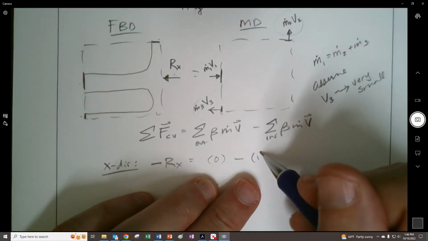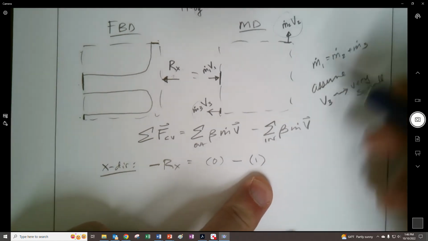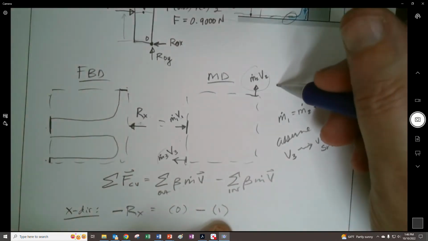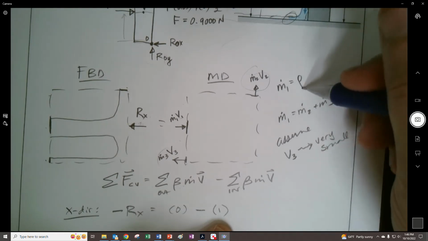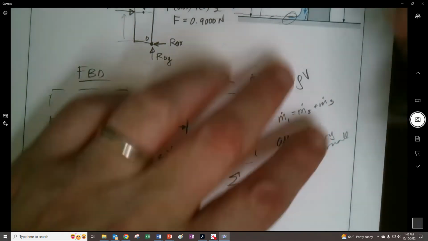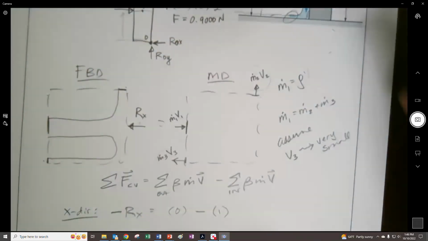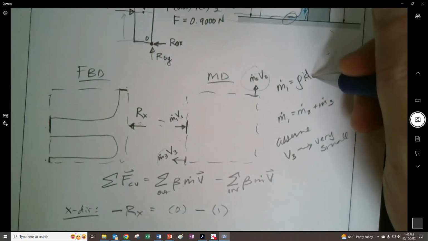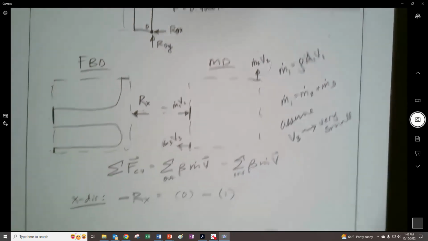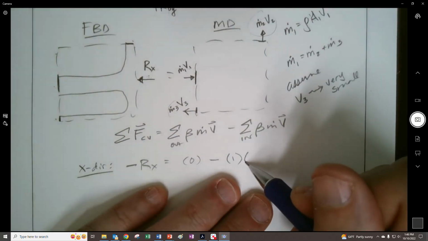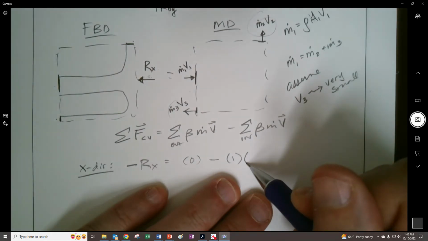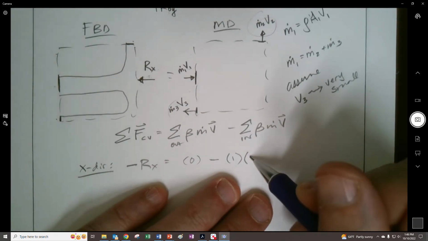The beta is going to be 1. Let's make sure that m dot is going to be equal to rho A1 V1, right? So we're going to have rho of this. These are in meters, these are in metric, right?